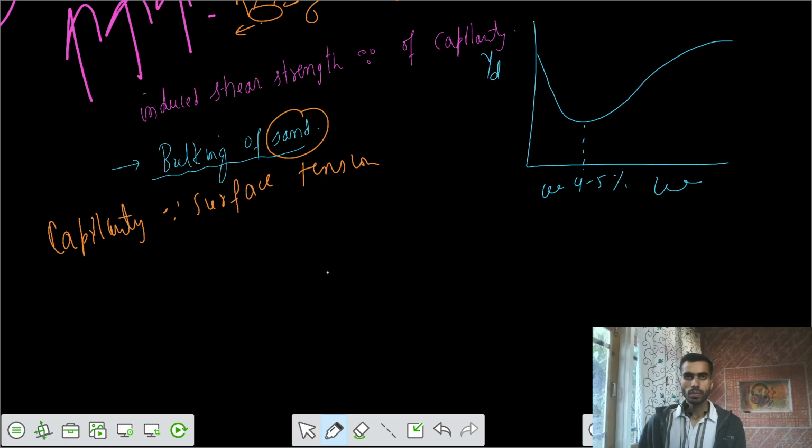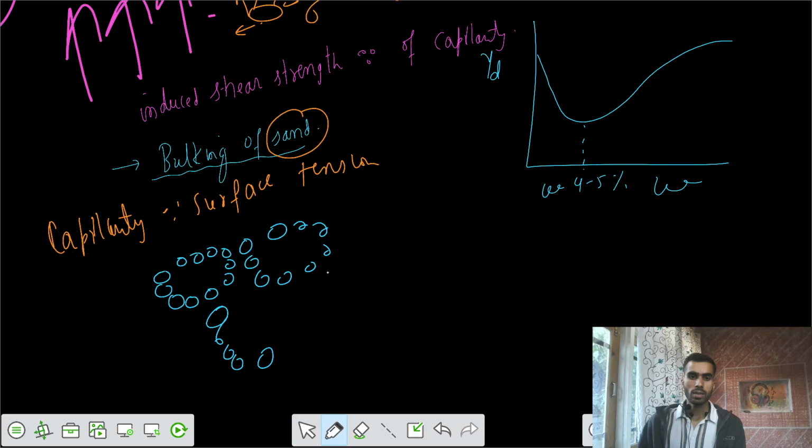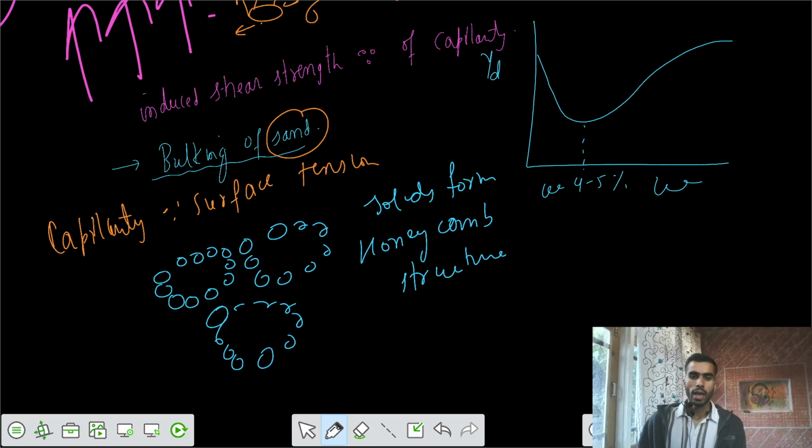If these are your solid particles, they form honeycomb structures like this one. Solids form honeycomb structures, and we have a huge volume of air.